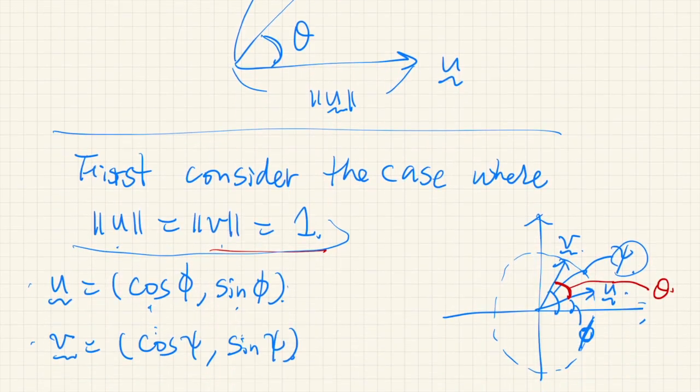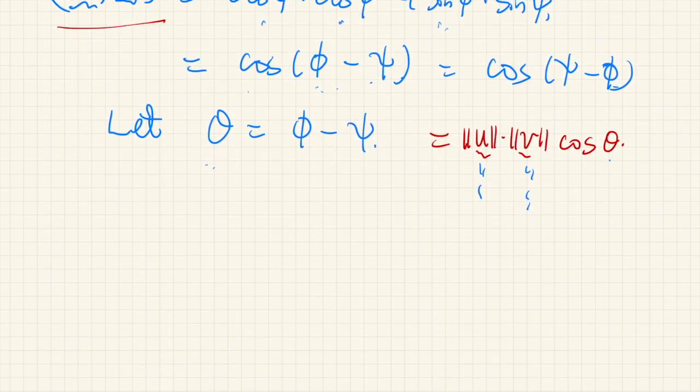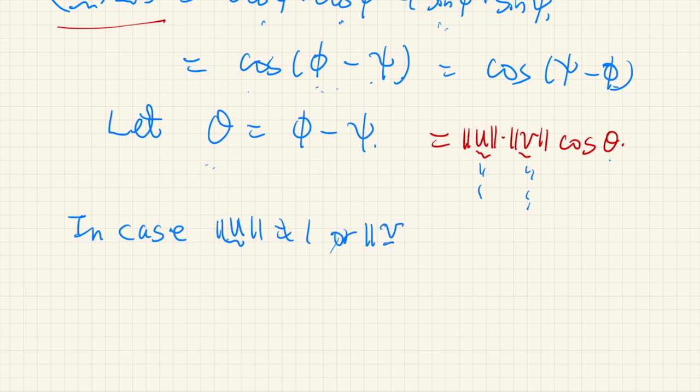Next, assume any arbitrary vector. So in case u and v are not unit vectors, then we can always write u as the norm of u times 1 over the norm of u.